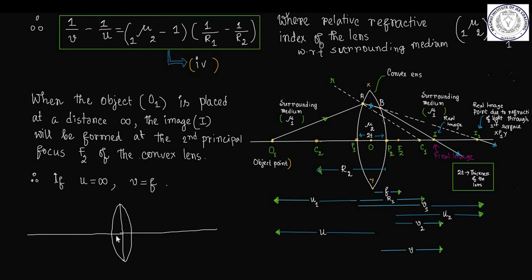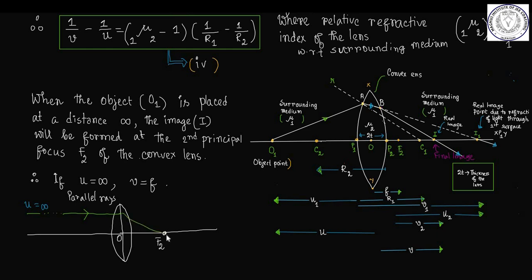This is the convex lens, and we can denote the second principal focus f2, and O is the optical center. Parallel rays are coming from infinity, which means the object point O1 is placed at infinity, U equal to infinity.